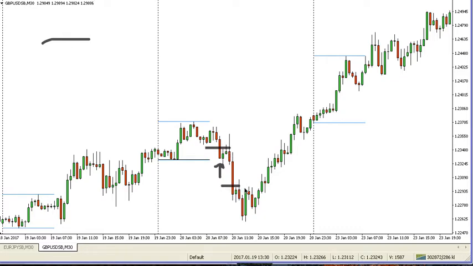Likewise here, and likewise here. And as long as we had at least one retrace bar, then I stacked the next trade.